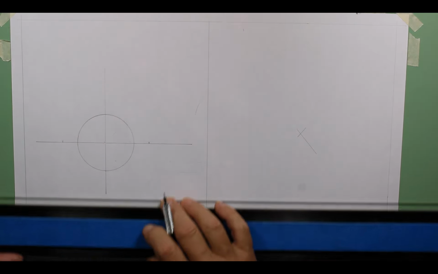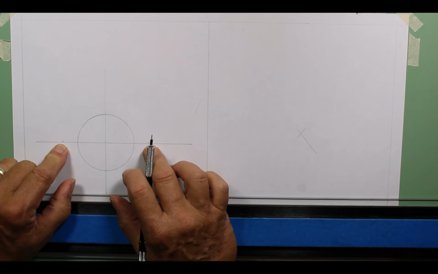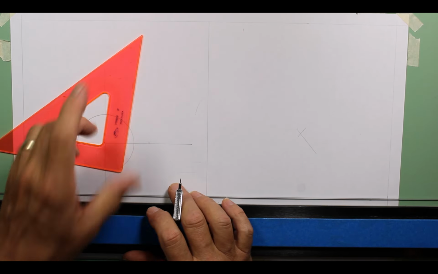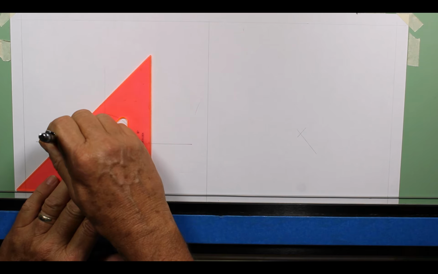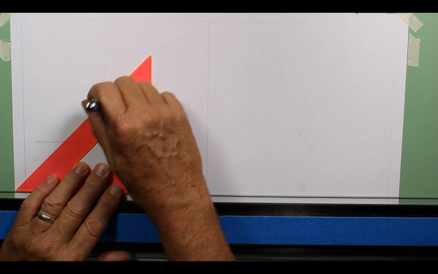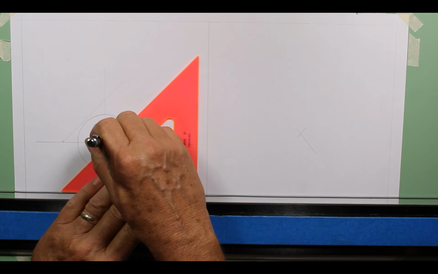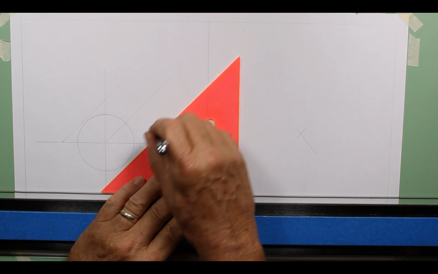Now if I were drawing orthographic, that's where my small holes and the end of the arcs would be located. However, I need to project those back. So I'm going to draw 45-degree projection lines from the center of all of these holes.